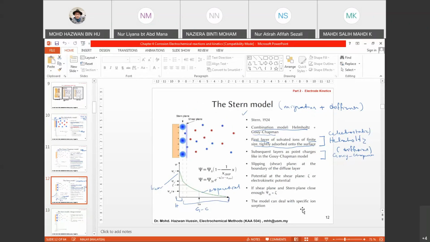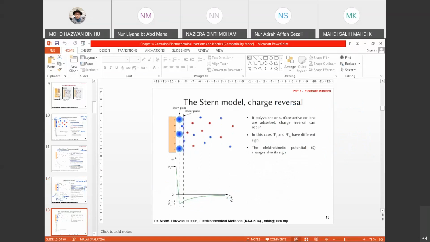As I mentioned earlier, the first layer of solvated ions of finite size accounts for the electrostatic interaction of Helmholtz, and then the subsequent layer, as point charges, accounts for diffusion. So that is why, for the potential values, if you notice, it will initially show a linear drop, and then after that an exponential drop.